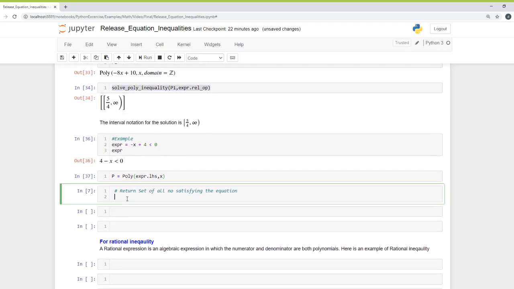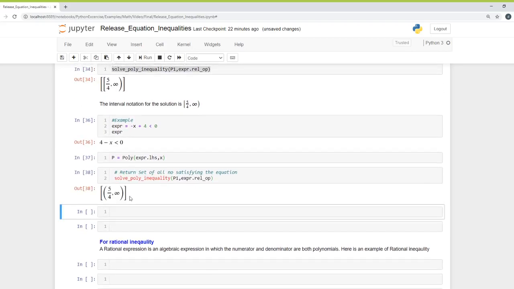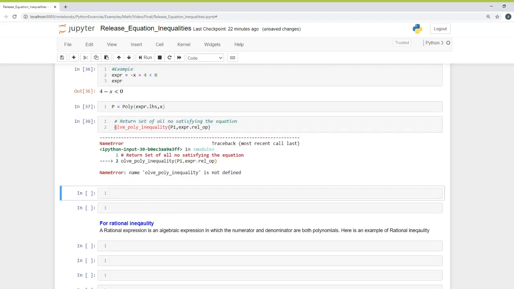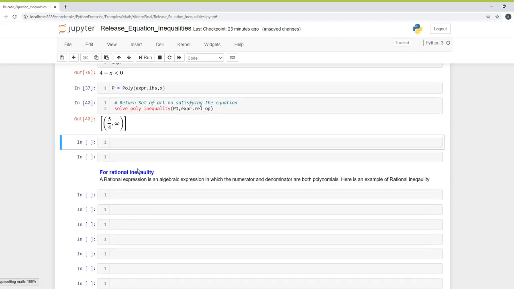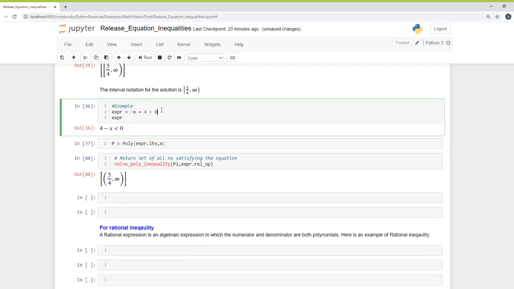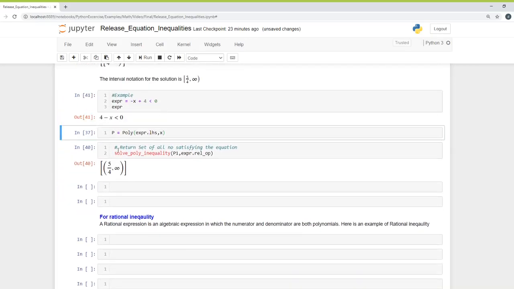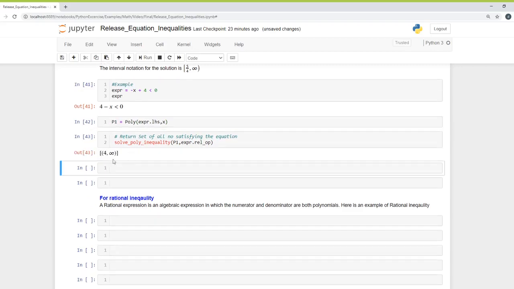So we will call the function here, solve poly inequality. Shift here is P1, shift enter, 4 up to infinity. 4 is not included. Here is our parenthesis which says that this value will not be included.